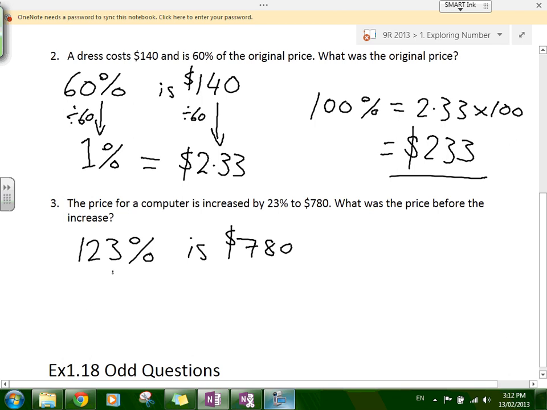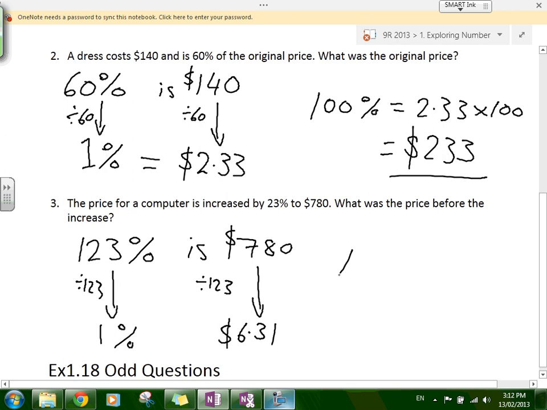To go from this to 1%, we have to divide by 123. And so we have to do the same with the 780. What is it? $6.31.